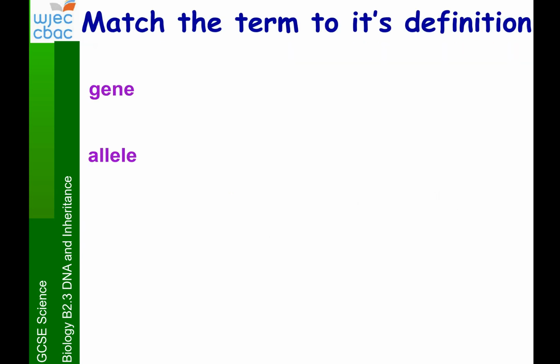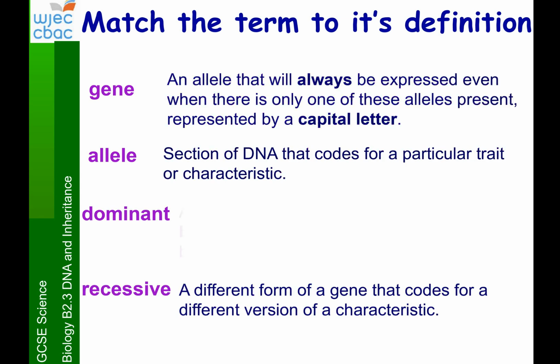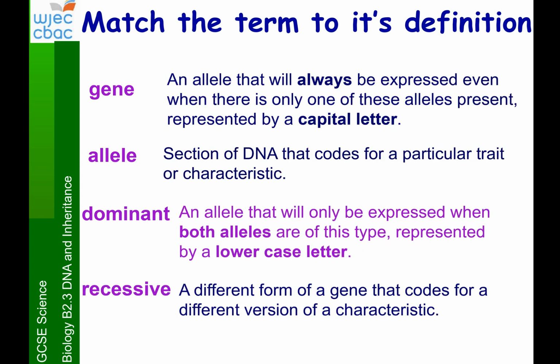So we've got some definitions for you to complete on page 24. These are just a few of them. A gene is a section of DNA that codes for a particular characteristic or trait. An allele is a different version of a gene that codes for a different version of a characteristic.